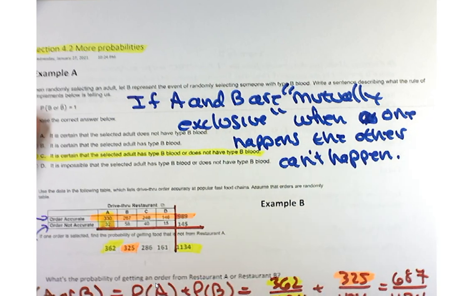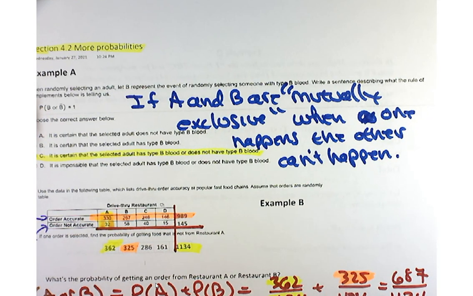Now, I like the term mutually exclusive because it kind of reminds you about what these actually are. It means one excludes the other. If one happens, the other one can't happen. So, now there's another word for this that the book uses more often than not.